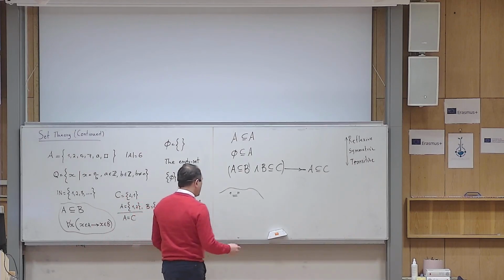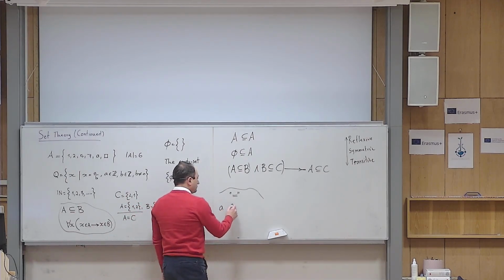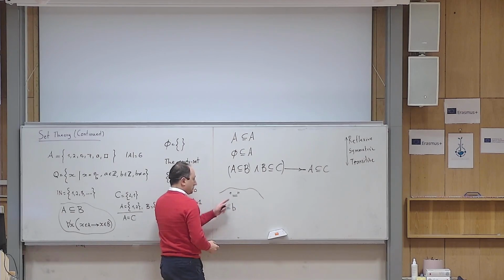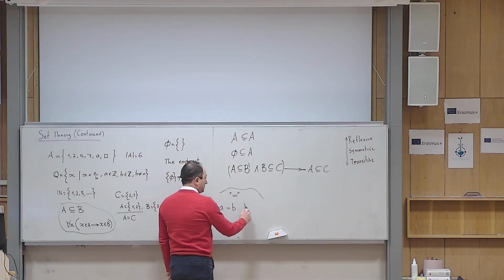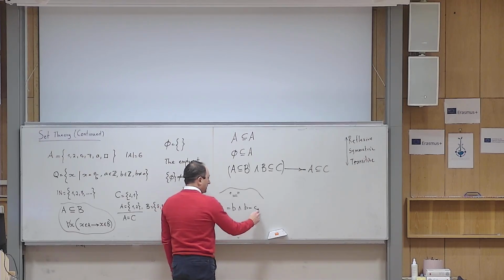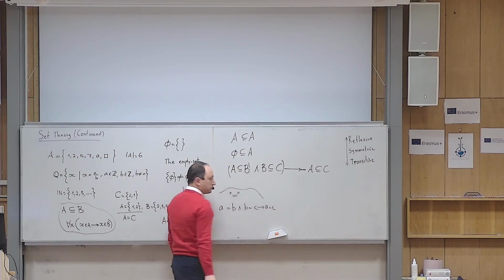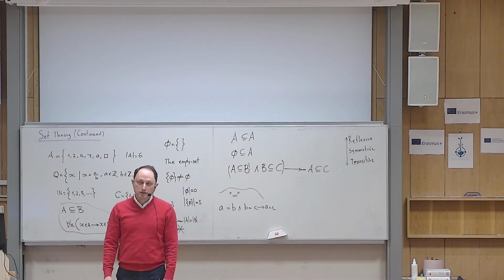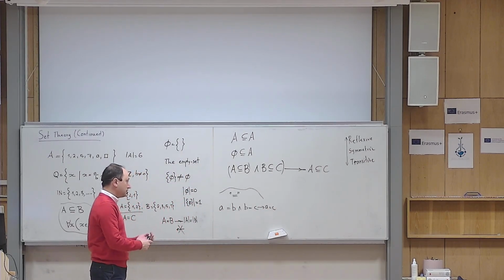And transitive means if A is in relation with B, here my relation is equality, and B is in relation with C, again my relation is equality, is it conceivable to say that A is also equal to C? Yes. So this is reflexive, symmetric, and transitive.